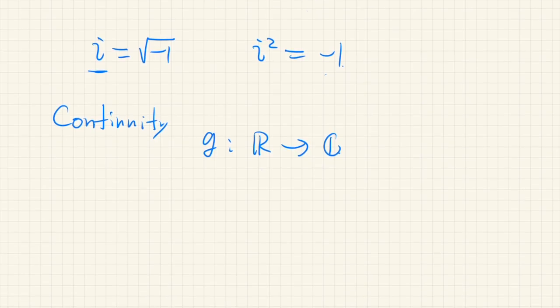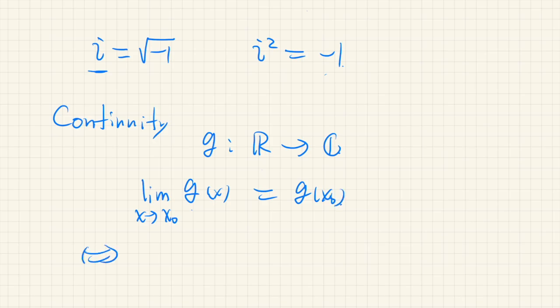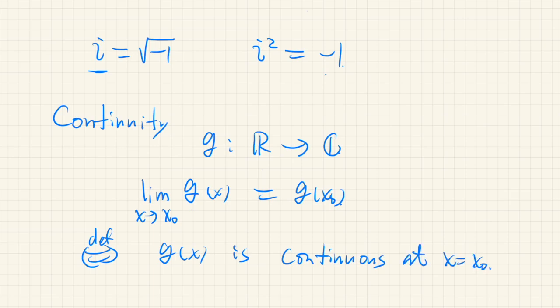And we say this function is continuous if x goes to x0 and then g of x goes to g of x0, then we say g of x is continuous at x equal to x0. So it's just like the real functions.